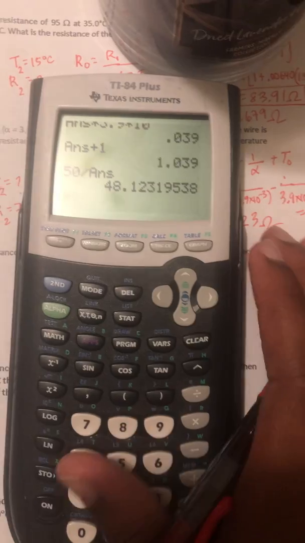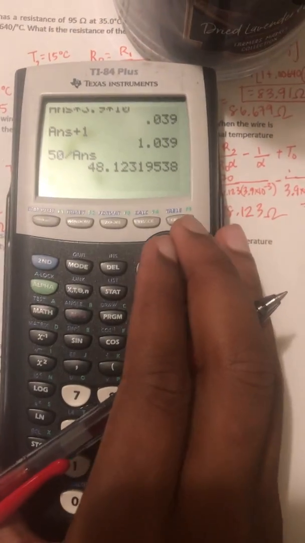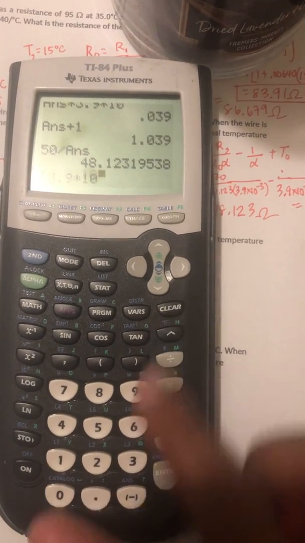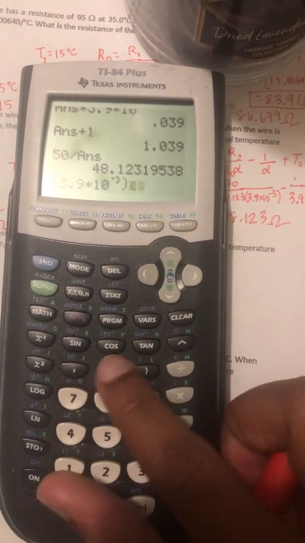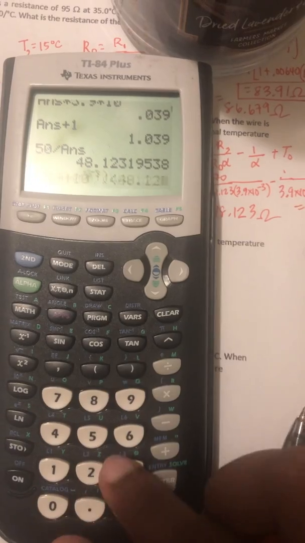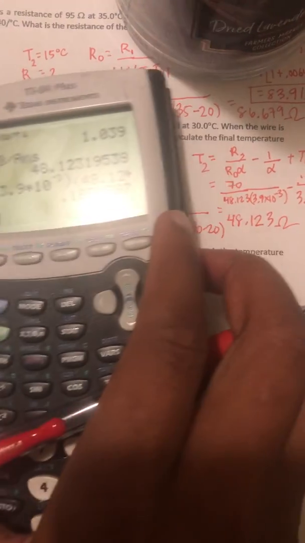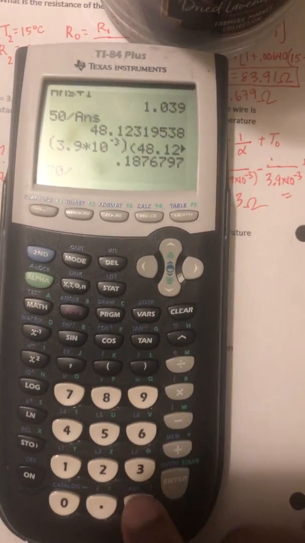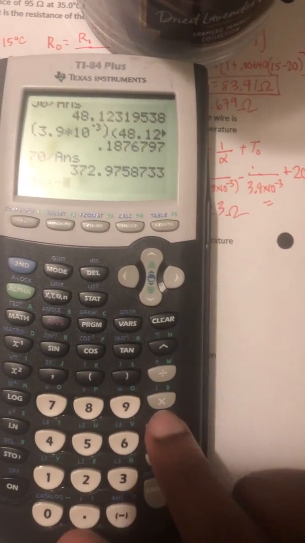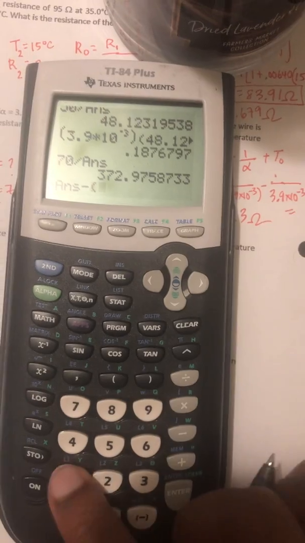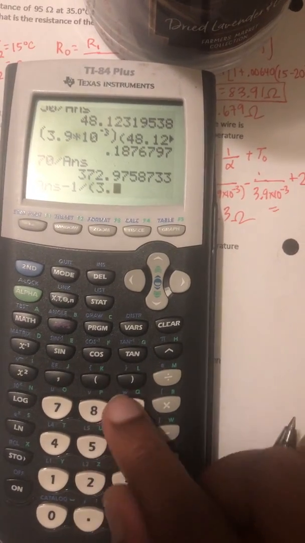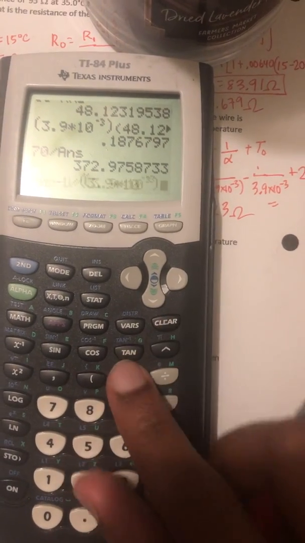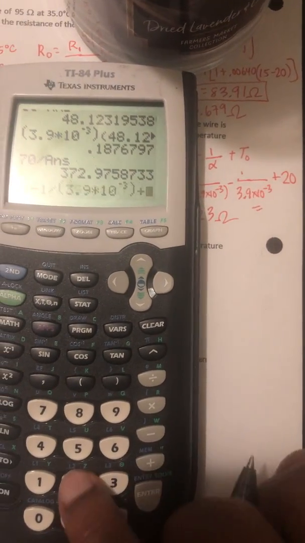We got the glare. 3.9 times 10 to the negative third times 48.123 gives me that. 70 divided by that answer gives me that, minus 1 divided by 3.9 times 10 to the negative third plus 20.